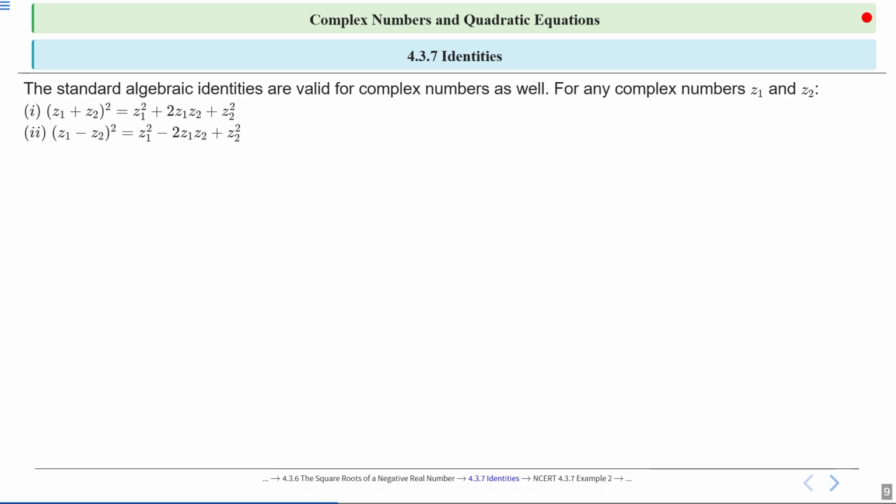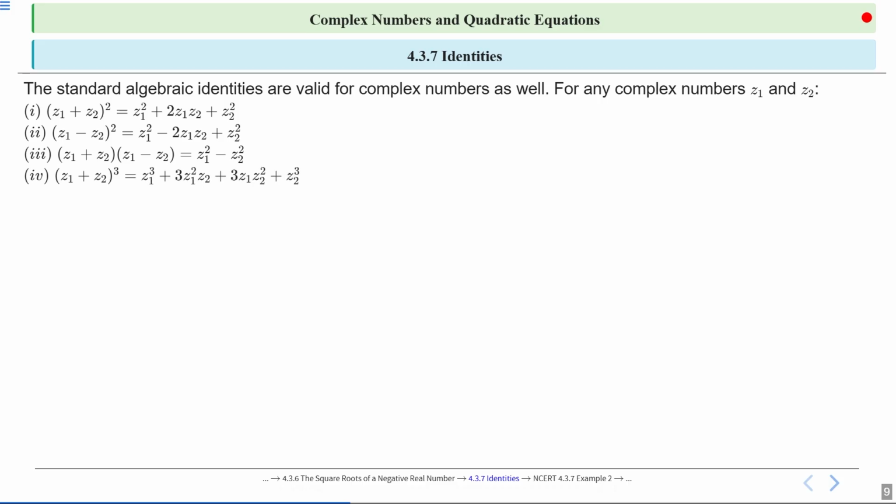And the second identity is z1 minus z2 whole square equals z1 square minus 2 times z1 times z2 plus z2 square. The third identity, z1 plus z2 times z1 minus z2 equals z1 square minus z2 square.